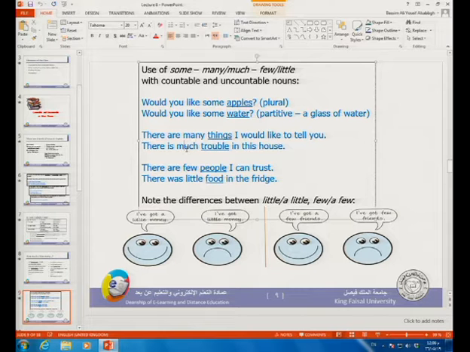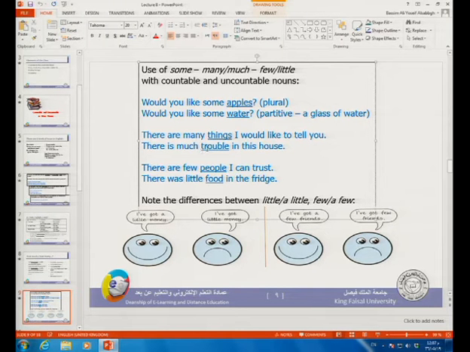There are few people I can trust. Look at this, people, it's countable, right? Then we use few. What if we talk about uncountable nouns like food? We use little. So few is used with plural countable nouns, and little is used with uncountable nouns. Many is used with plural countable nouns, much with uncountable nouns.